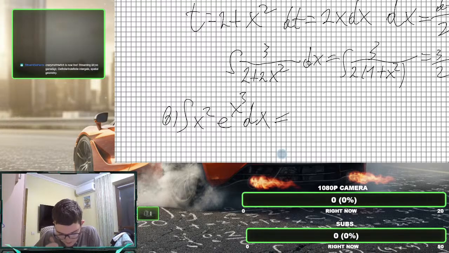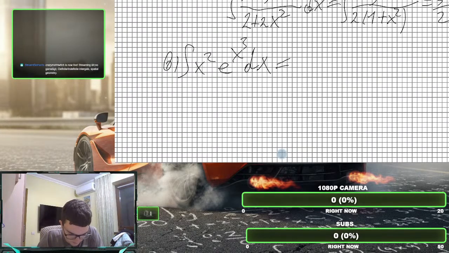Essentially here we have e and stuff, so I think that we need to do integration by parts. So first get the u. I think the u should be x to the second power. Yeah. So put that, and dv is all the other stuff.